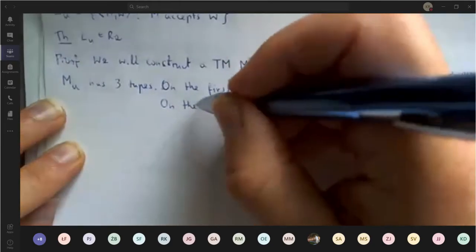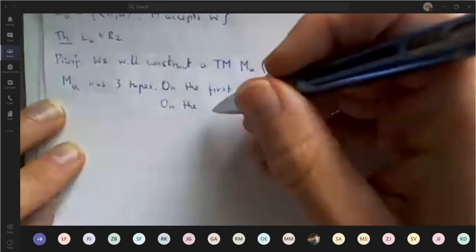On the second, MU will work on the second tape and the third tape.